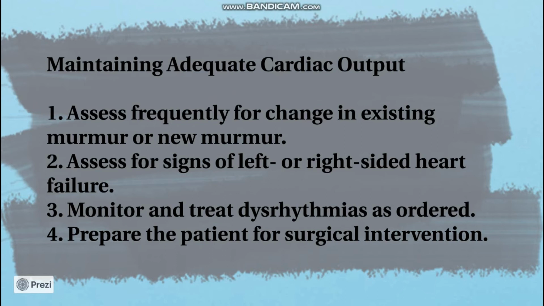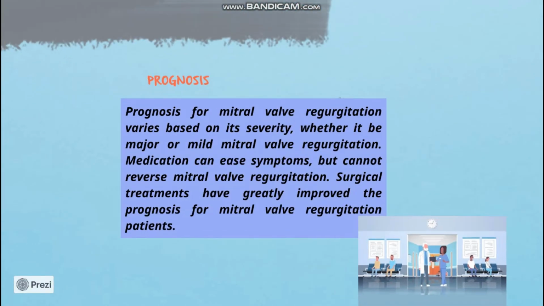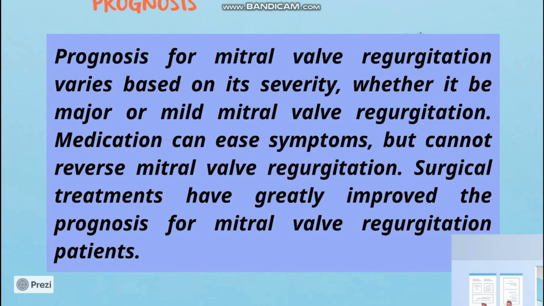Monitor and treat dysrhythmias as ordered. And last, prepare the patient for surgical intervention. So overall, the prognosis for mitral valve regurgitation varies based on its severity, whether it be major or mild mitral valve regurgitation. Medications can ease symptoms but cannot reverse mitral valve regurgitation.